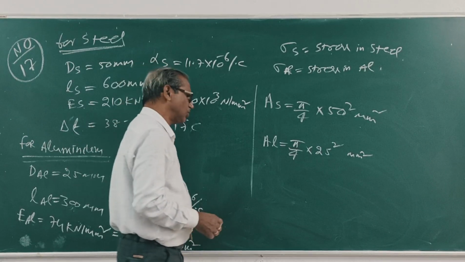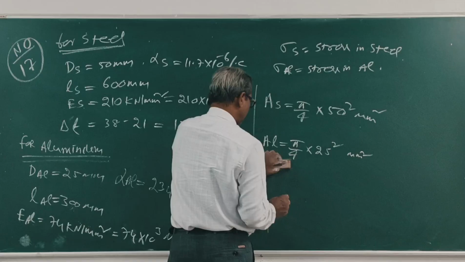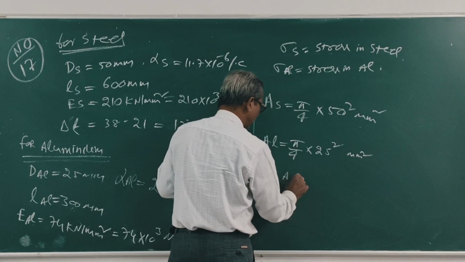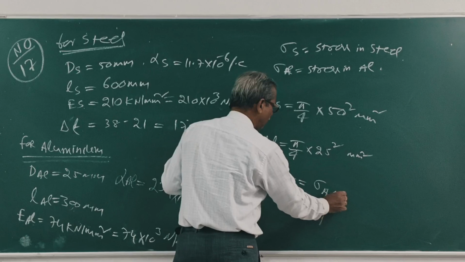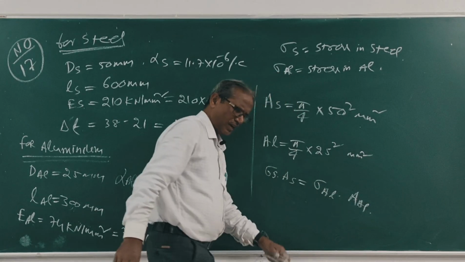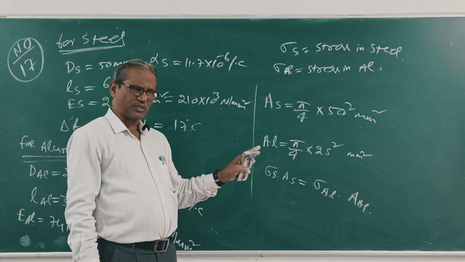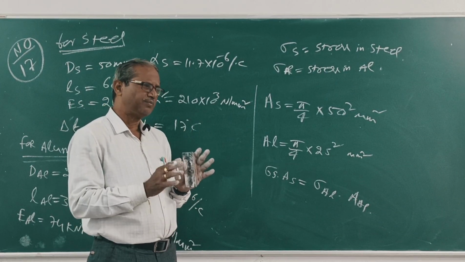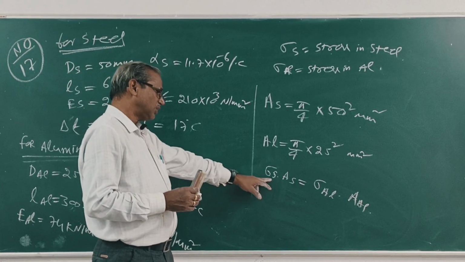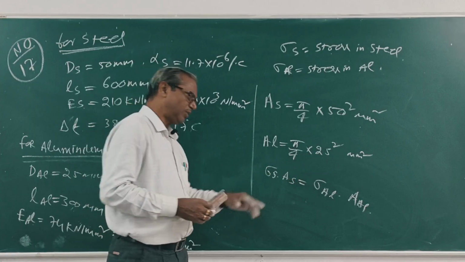So, sigma S into A steel is equal to sigma aluminum into A aluminum. Right? Since in both cases the load is same, both under fixed, so sigma S A S is equal to sigma L A aluminum.